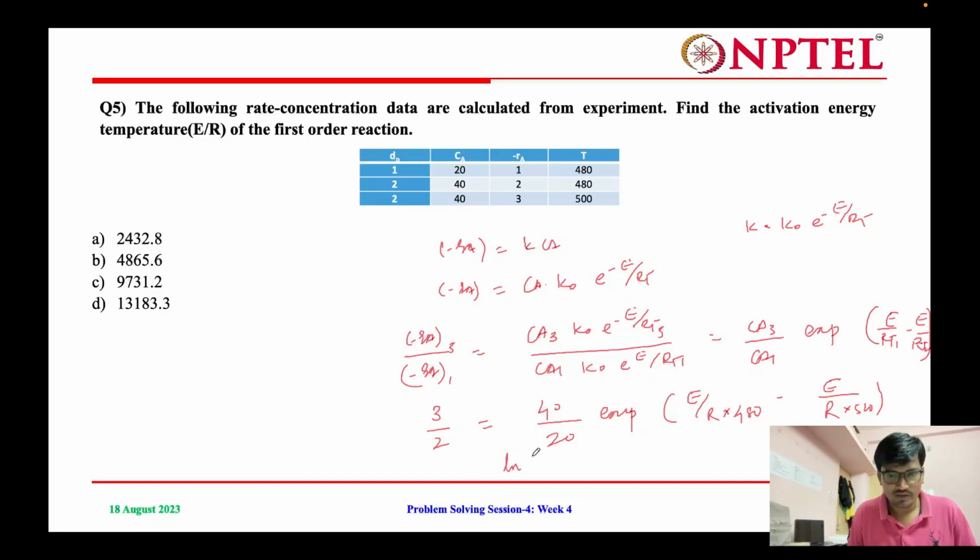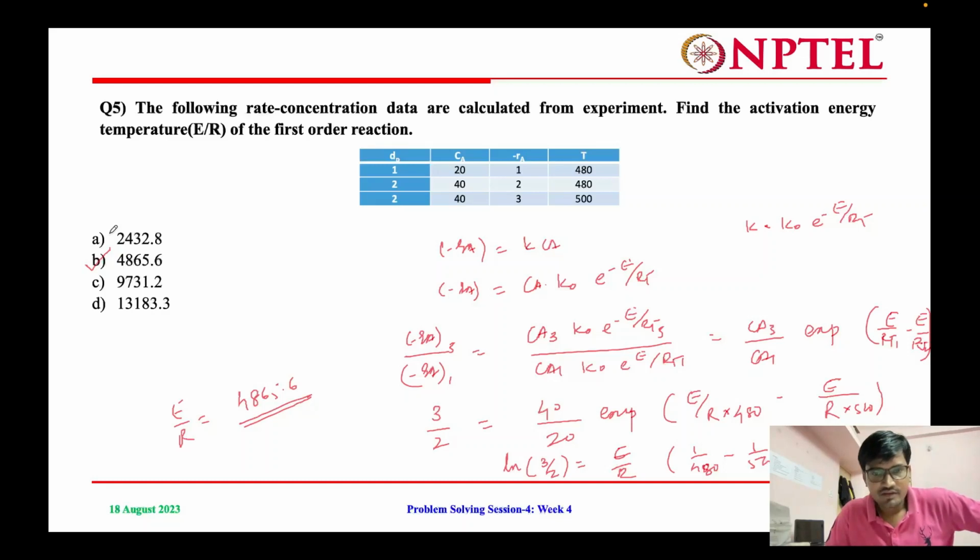Now ln 3 by 2 equals E by R into 1 by 480 minus 1 by 500, right? So E by R equals 4865.6. So we can compare run 1 and 2, and also 1 and 3, and 2 and 3.